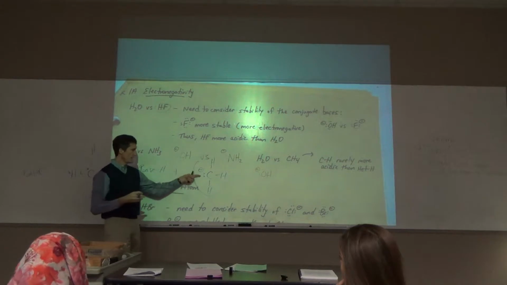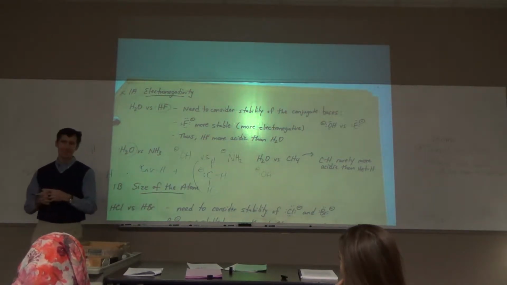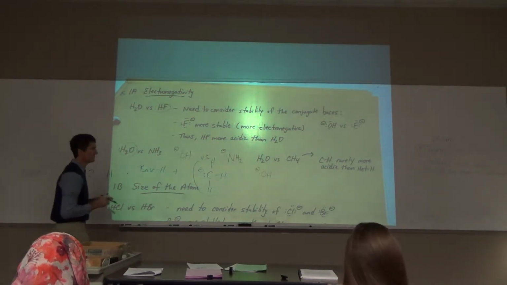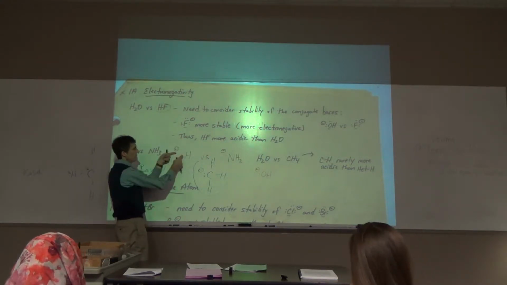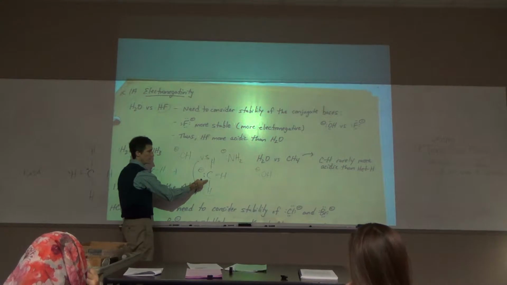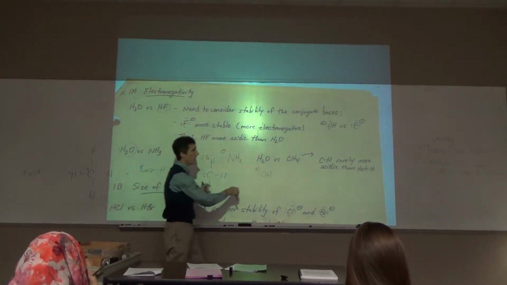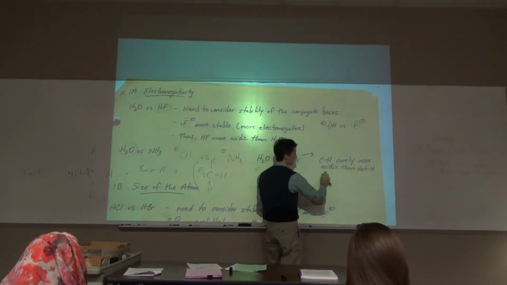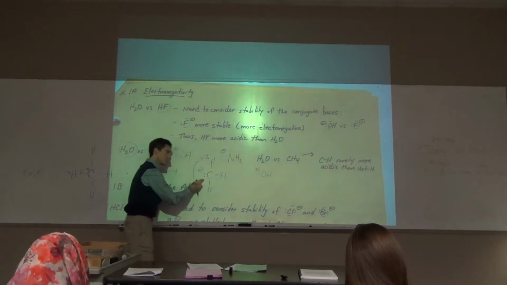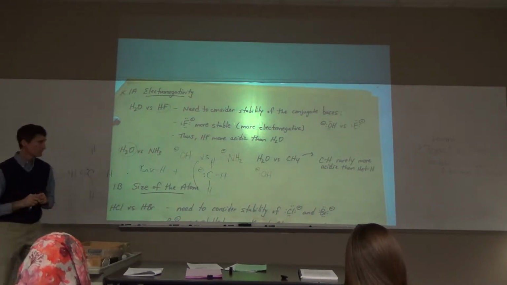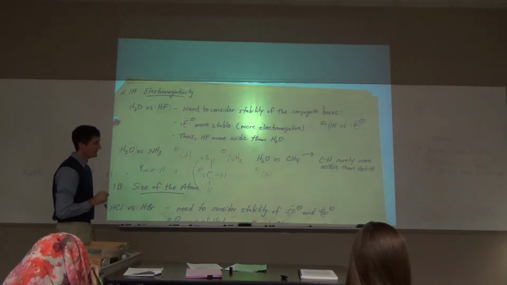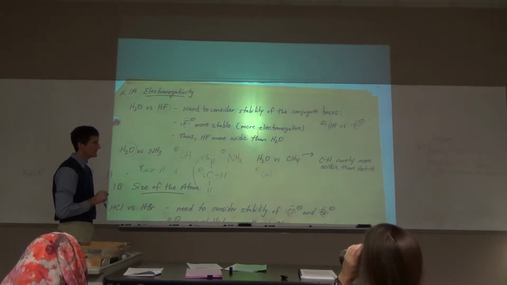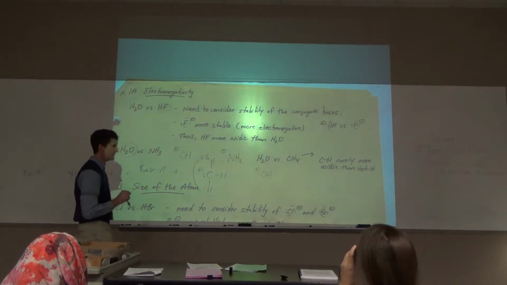We'll see carbanions, but they're not that stable, particularly compared to a hydroxide. Much more stable. Why? Electronegativity. Oxygen more electronegative than carbon. This is rare. CHs are rarely acidic because this is not that stable. It's going to have to be a good exception for a CH to ever have any acidity.